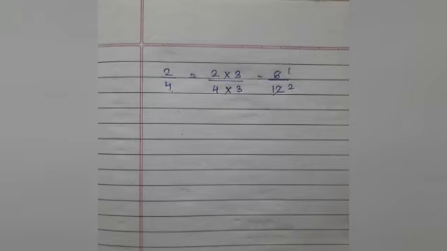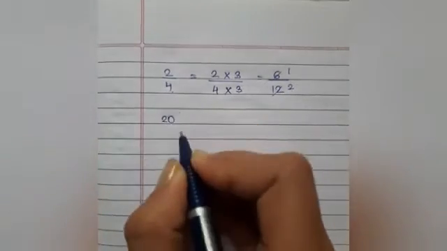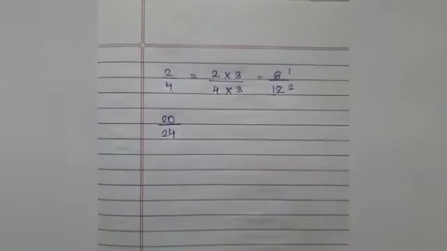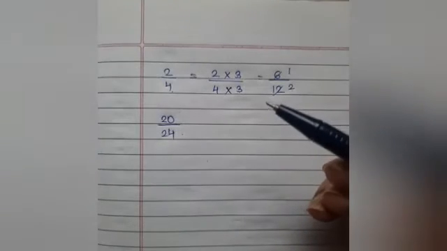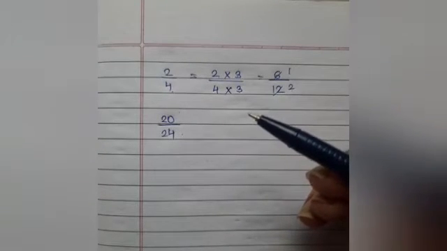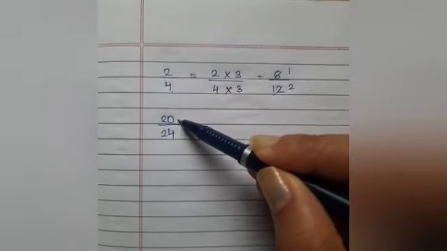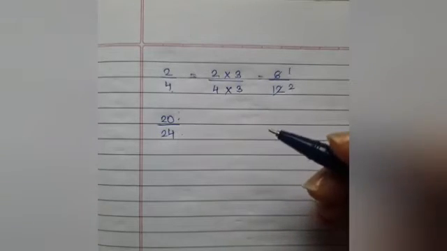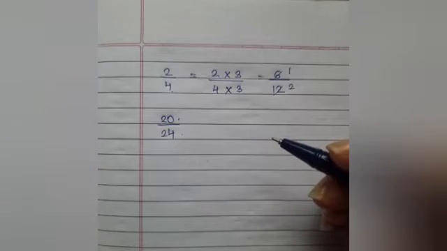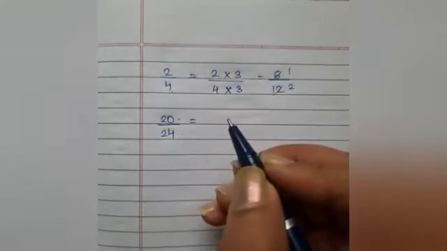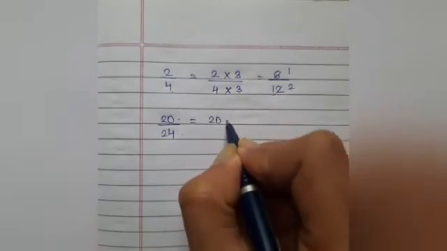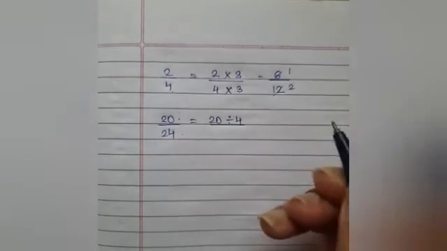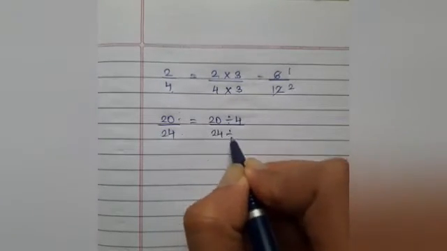For example, if we have the fraction 20 upon 24, observing this fraction, we can say that 20 and 24 come in the table of 4. So, our next step will be 20 divided by 4 upon 24 divided by 4.